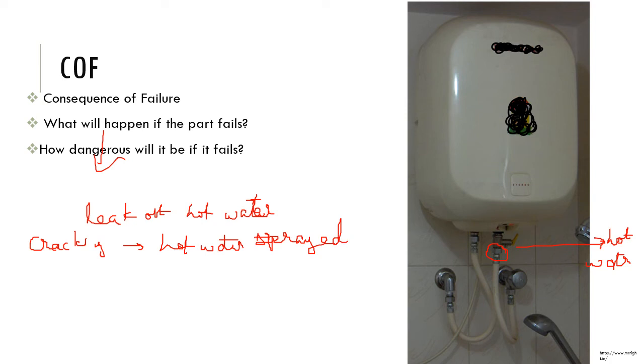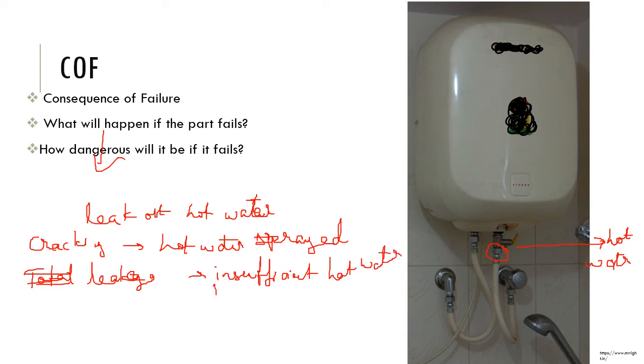So that is dangerous, especially for the person who is standing near that hot water. Next is leakage. If it is a leakage, then there will be insufficient hot water to the shower, to the outlet taps.